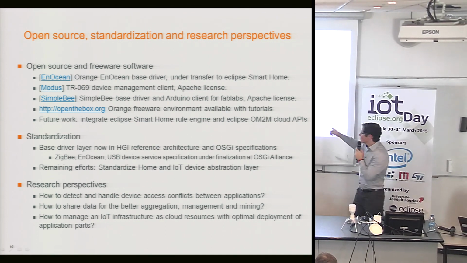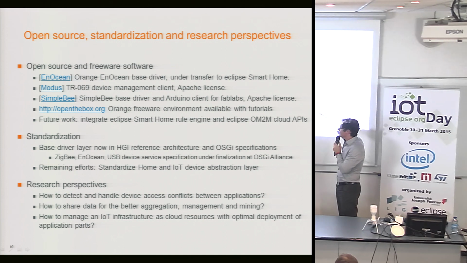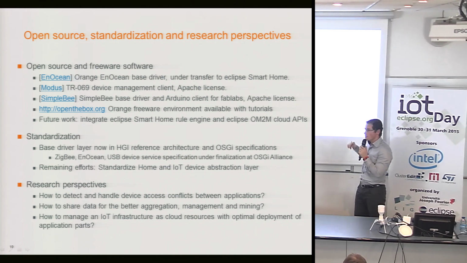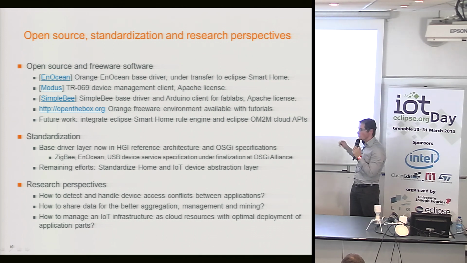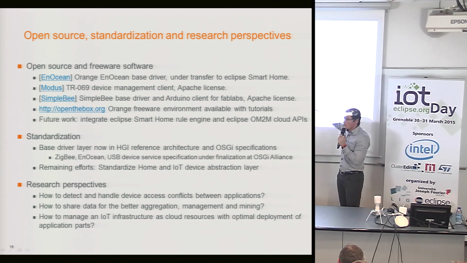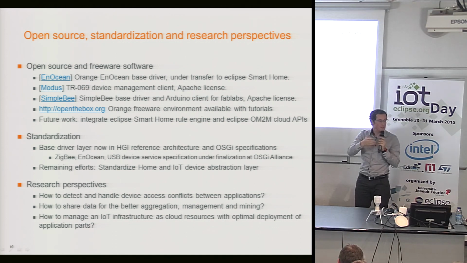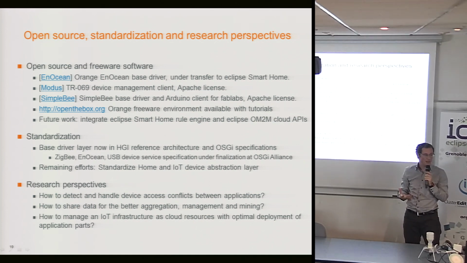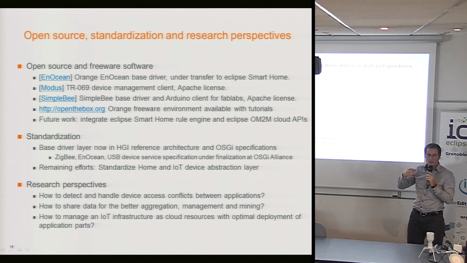Okay, at the standardization level, I've already talked about what we standardized with NTT, Deutsche Telekom, and other operators and technology providers at the OSGi Alliance. What remains today is to have all these concepts in an abstraction that is adopted by a large ecosystem, and we call that an ontology.